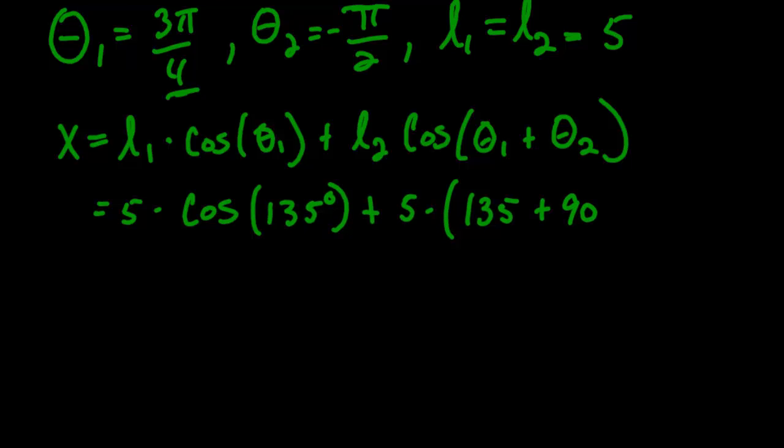Actually, I'm sorry, it's minus the 90 degrees. This answer comes out to be 0. So like when it's pointing like kind of, it's like the y is 0, but when it's pointing like right, it's like the x is 0.